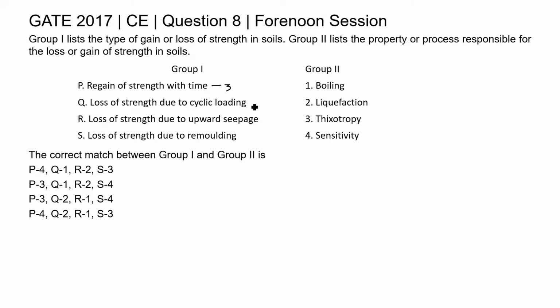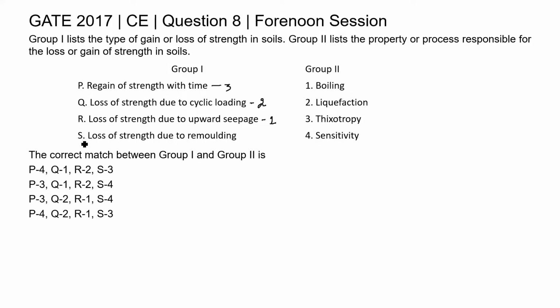This is called liquefaction. So the correct option for Q is 2. Now the next statement is loss of strength due to upward seepage, and it is called the condition boiling. So option 1 is correct for statement R.